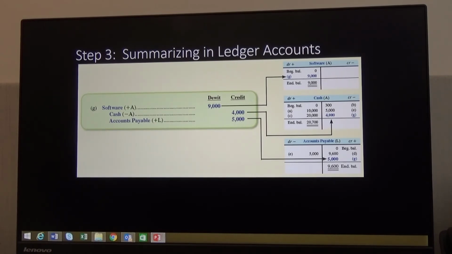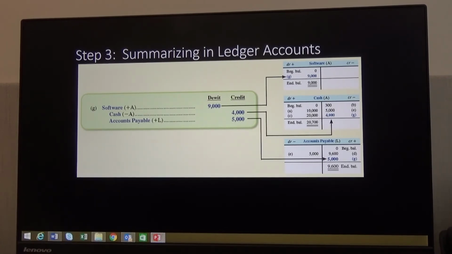And then if it was time to calculate the ending balance of the account, we would factor in what was already there, plus whatever debit entries were made, and then minus the various credit entries that were made. And that ending balance is a positive balance, therefore it goes on the normal side, which for an asset is the left side.